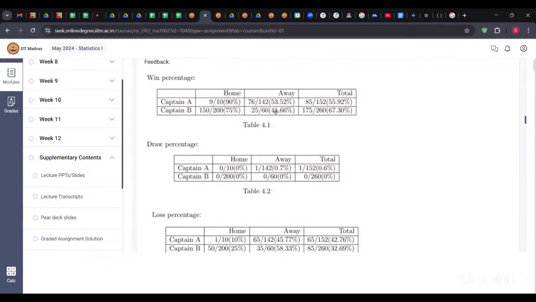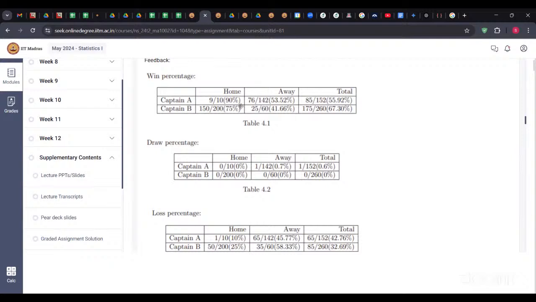Right? But in total, if you see the winning percentage of captain A is less than captain B, correct? Right? So this is a Simpson paradox.